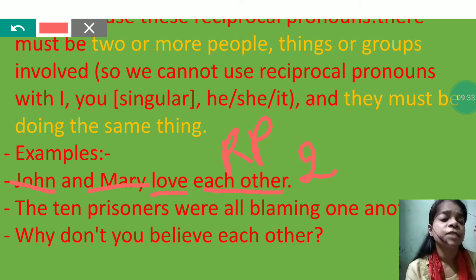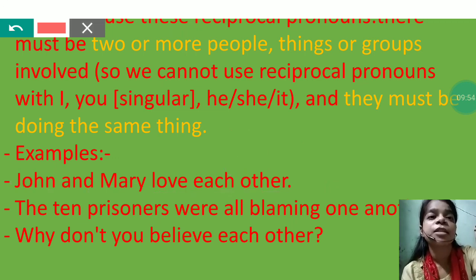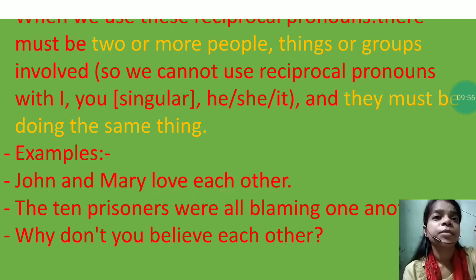Now, if someone is saying why don't you believe each other, the speaker is saying the same thing to both persons, meaning both people are not believing one another, they are doing the same thing. That's why it will take each other.